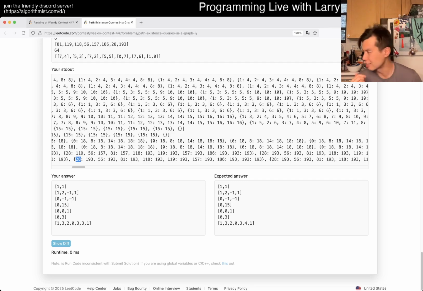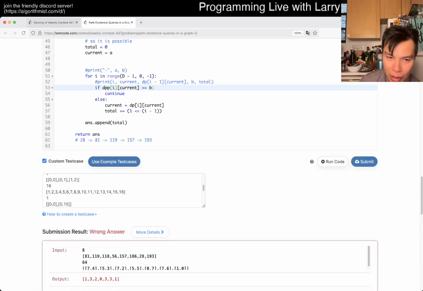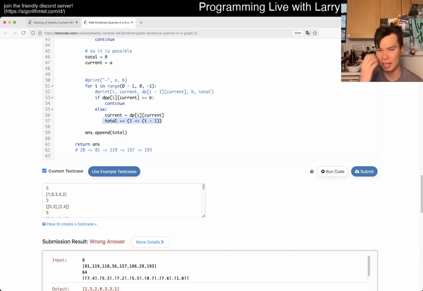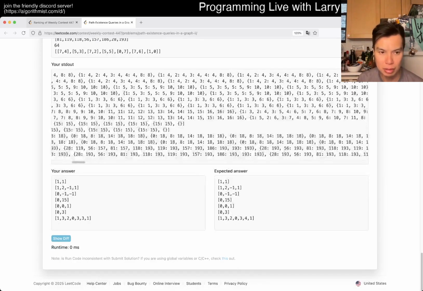Because we're trying to accept 0, so I think the math here is just off. Because when you shift, you shouldn't shift. No, I think that's fine. Is it? Yeah, if you jump, it's fine. But I think this part is wrong.